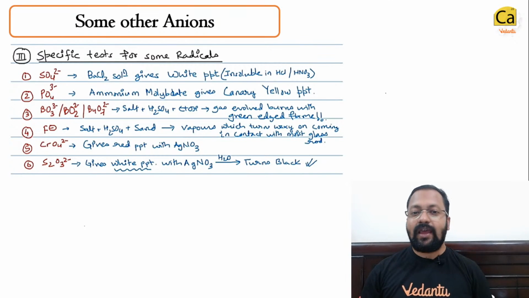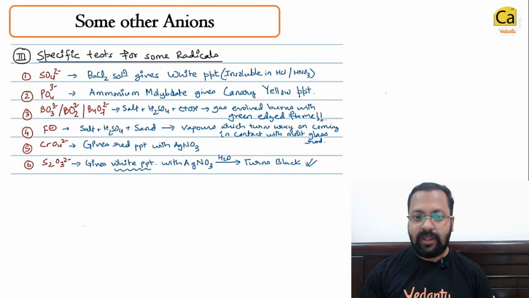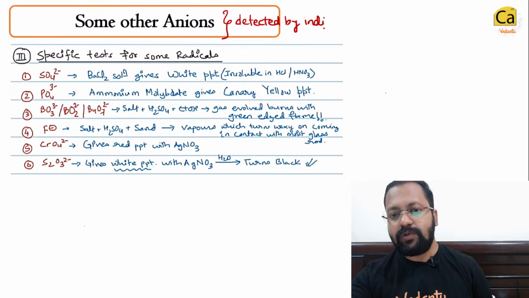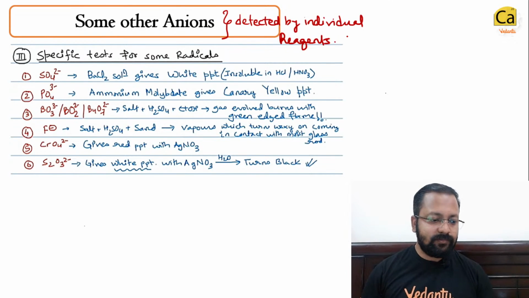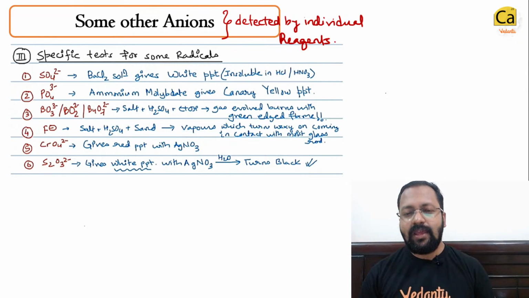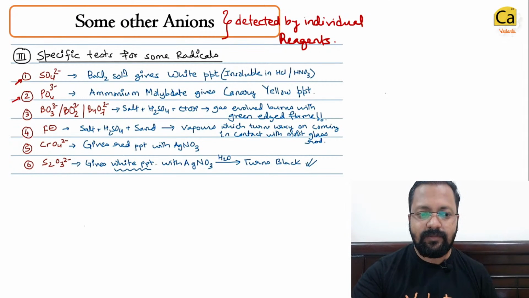These other anions are detected by individual reagents. We have about 6 such anions. The most common among them are sulfate and phosphate.